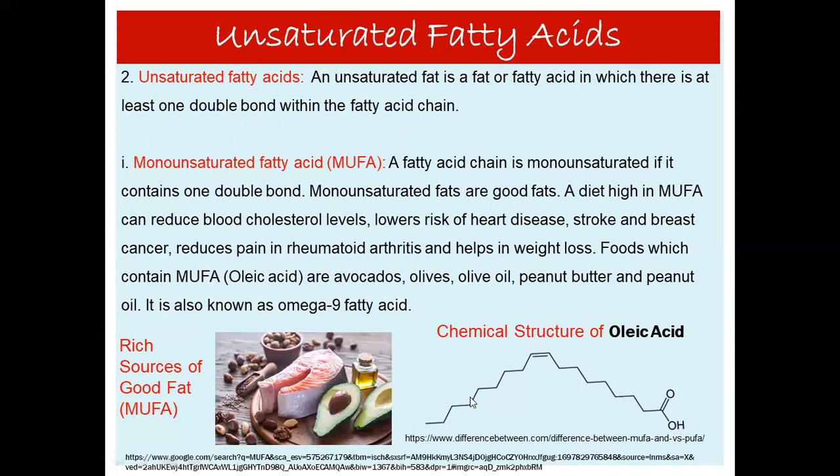This is the structure, a type of monounsaturated fatty acid, and the name of this particular fatty acid is oleic acid. You can see here the long hydrocarbon chain of the fatty acid, and here you can see the carboxylic group.